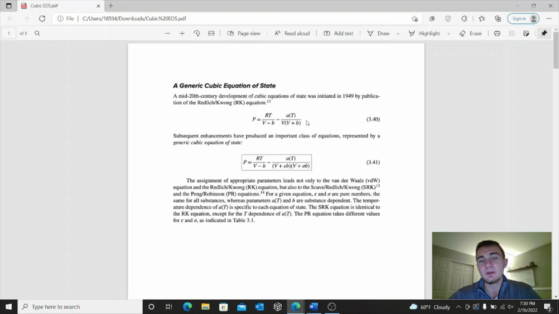So using that information, I'm going to derive this equation in terms of the compressibility factor, which would help us ultimately solve for the specific volume of a substance if we knew the pressure and temperature. So I'm going to switch gears here, and we're going to derive this in terms of the compressibility factor.